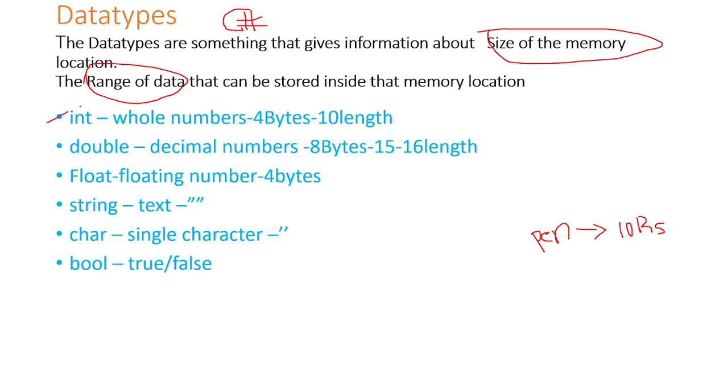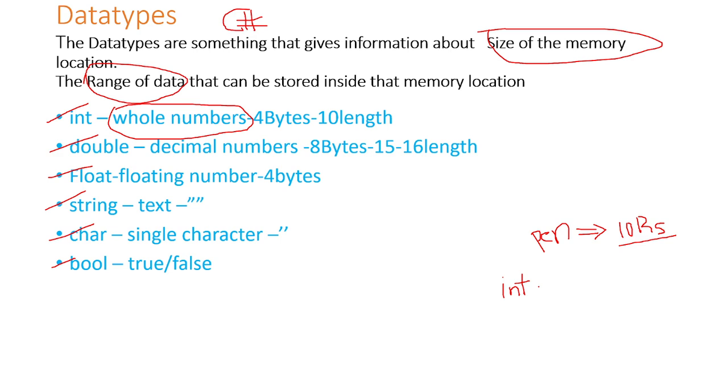I'll explain one by one, but first I need to define everything. The types are int, double, float, string, char, and boolean. These are the data types we have in C Sharp. Int means a whole number. For example, the pen has 10 rupees, so I am going to use int for it.